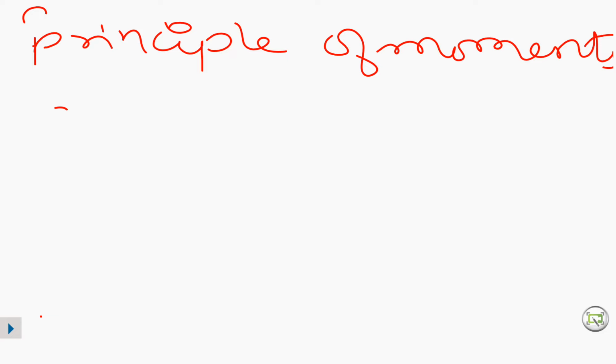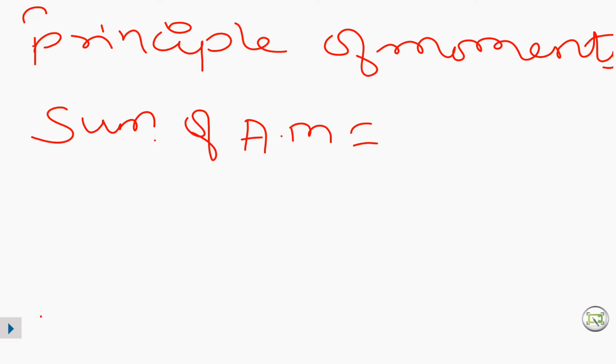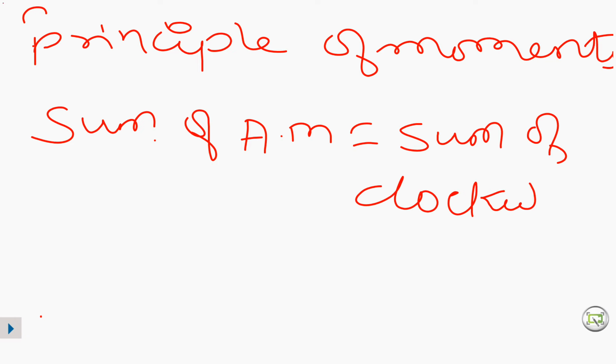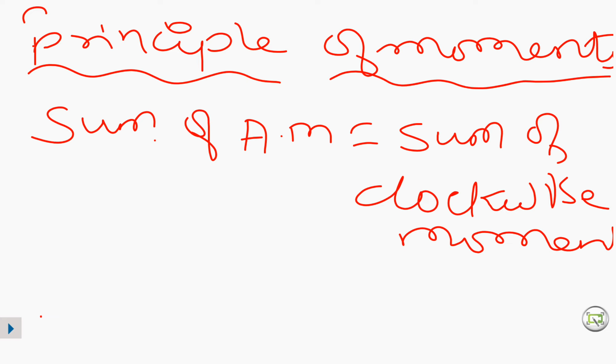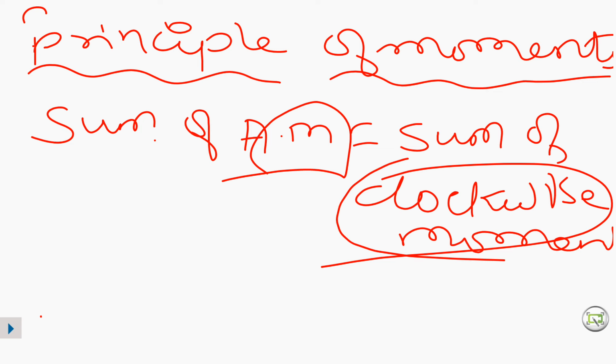According to the principle of moments, the sum of anti-clockwise moments is equal to the sum of clockwise moments. So this is what the principle of moments says. This is the principle of moments.